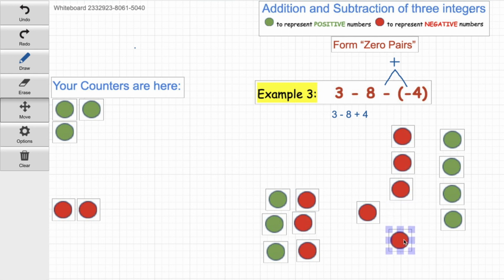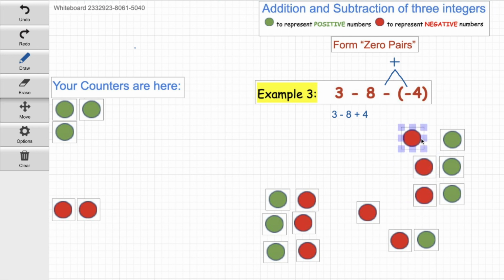And let's continue the process and see what we have left. So one red with one green, and we're going to see what we have remaining. As we know already, one green and one red is going to cancel each other. So after we finish canceling, we'll see what we have remaining.